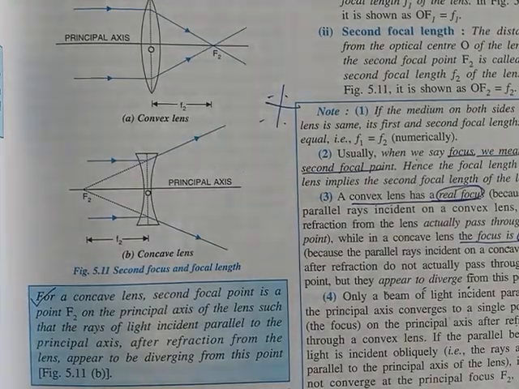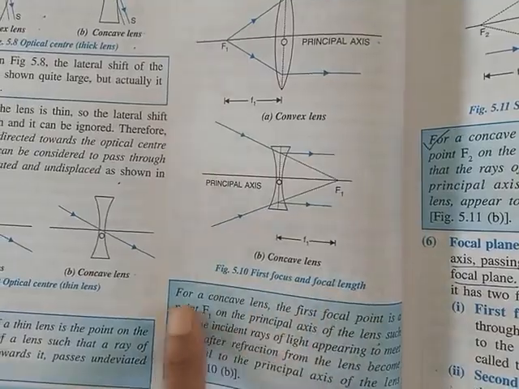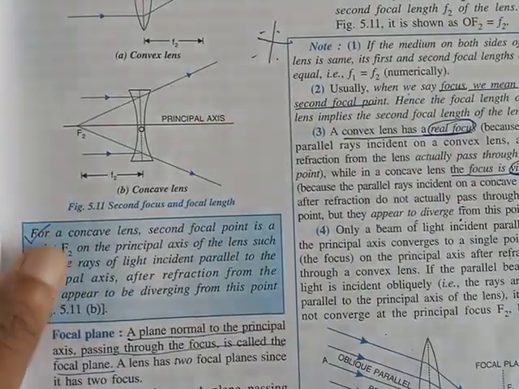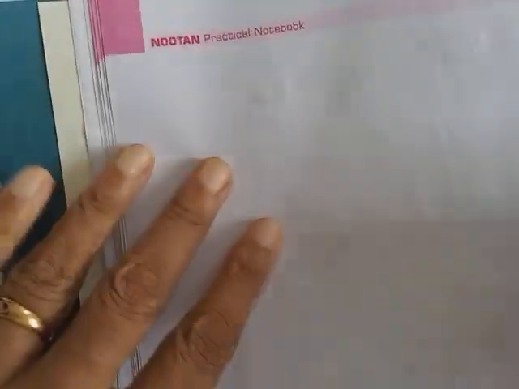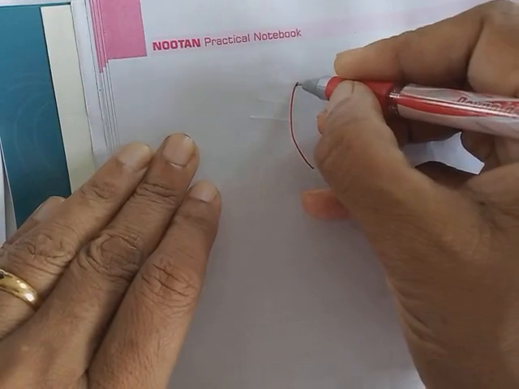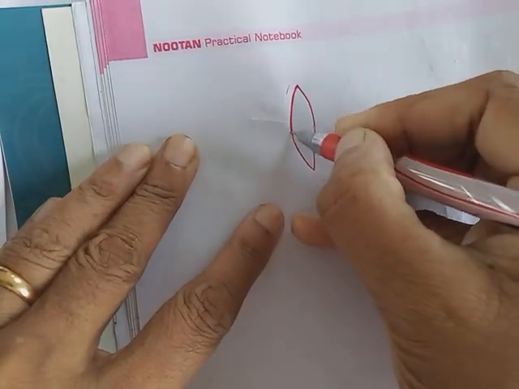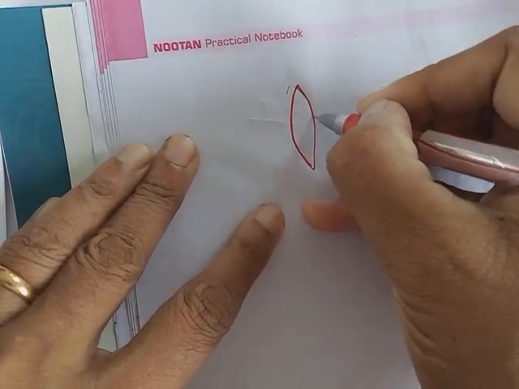In this page there is something written called first focal point and second focal point, and that's something I wanted to explain, because this convex lens is bifocal. It works on both sides.